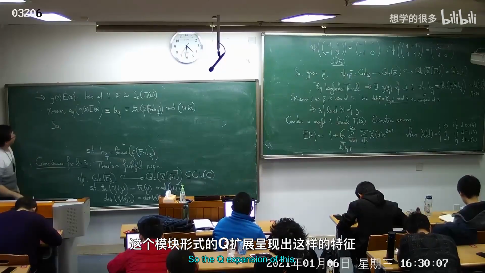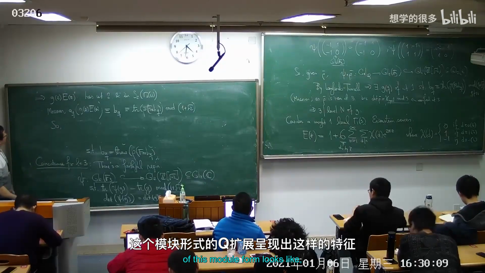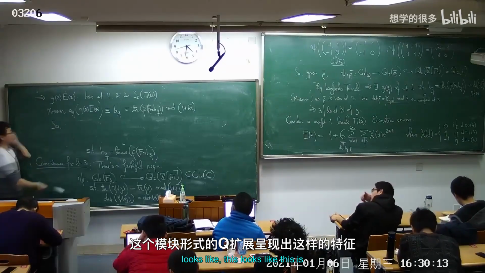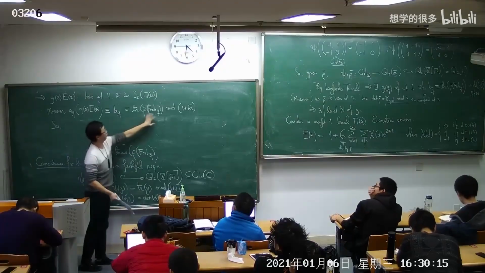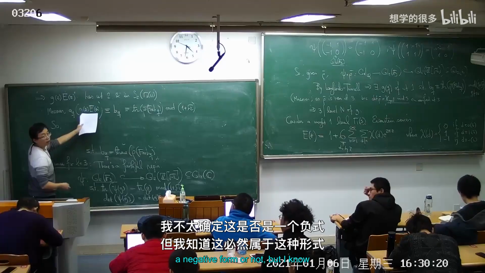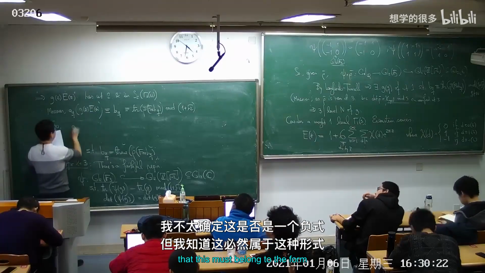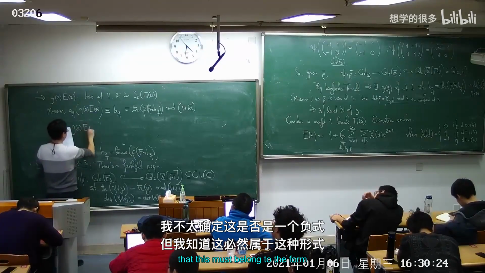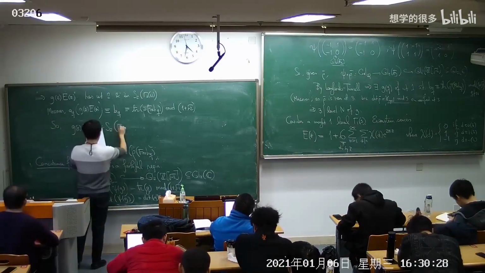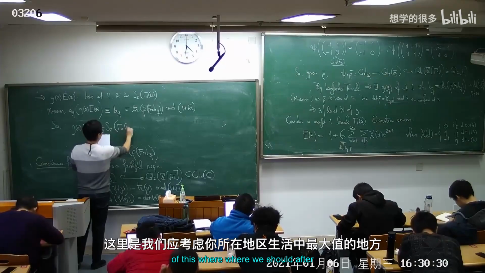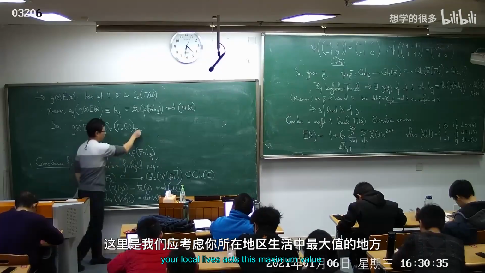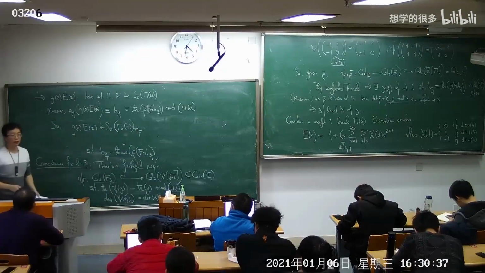In some sense, the q-expansion of this modular form looks like a trace of these Frobeniuses. I don't quite know whether this is an eigenform or not, but I know that this must belong to the form of this, after you localize at this maximal ideal.